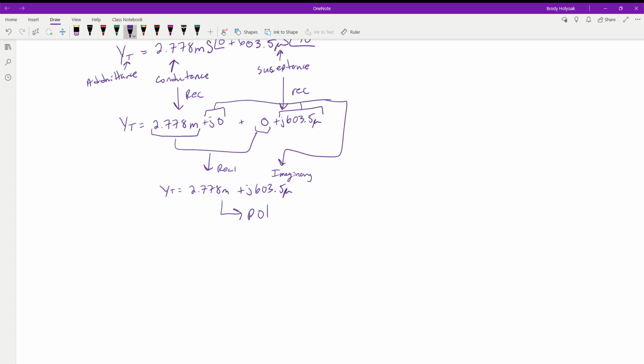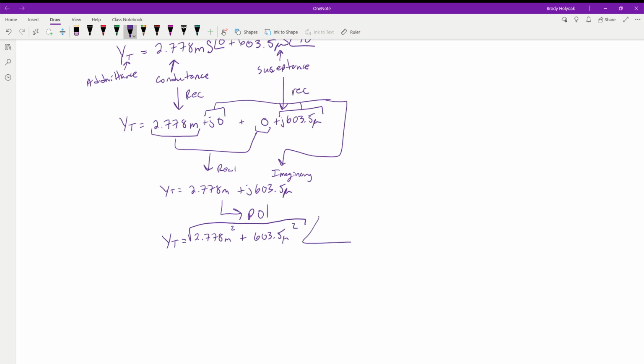So again, we will convert it just like we have been doing. The admittance total in polar form is going to be the 2.778 milli, we're going to square that, add it to the 603.5 micro squared, then take the square root of that value, and that's going to give us the magnitude of the polar version of this.